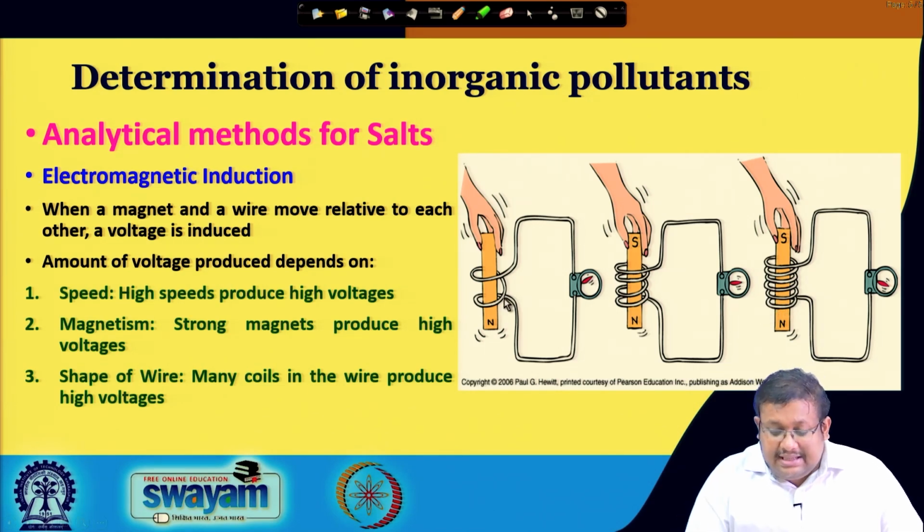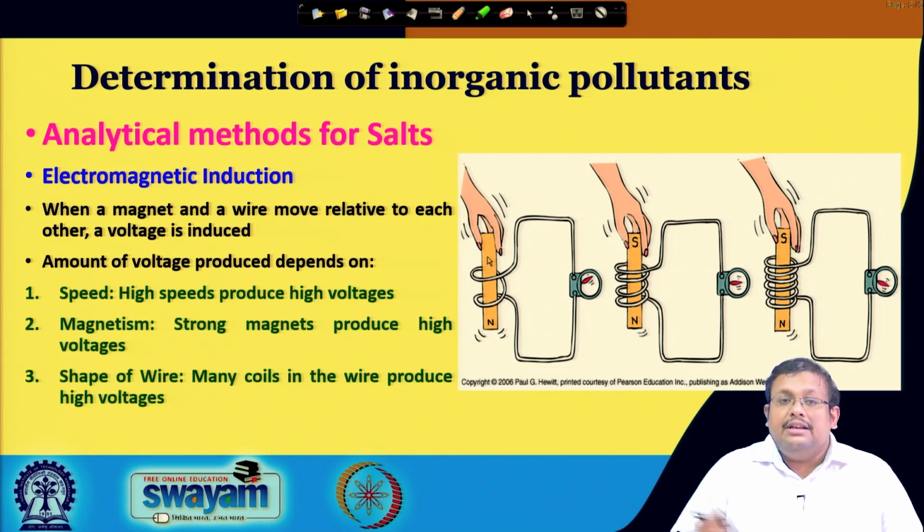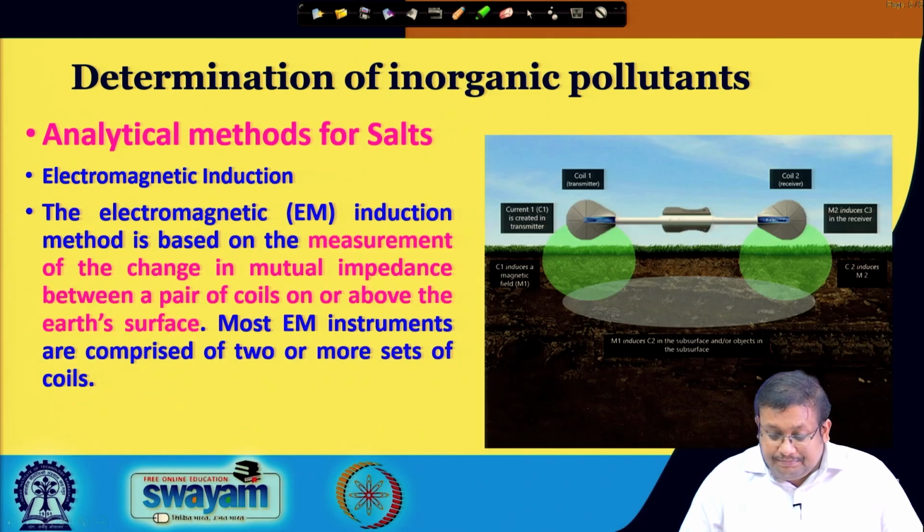You can see here an electrical conducting wire and a magnet. If we move the magnet through this coil, there will be a current or voltage generation. The voltage produced depends on the speed with which we move the magnet. Secondly, the stronger the magnet, the stronger the voltage, and thirdly, if we increase the number of coils, then we can get a higher voltage.